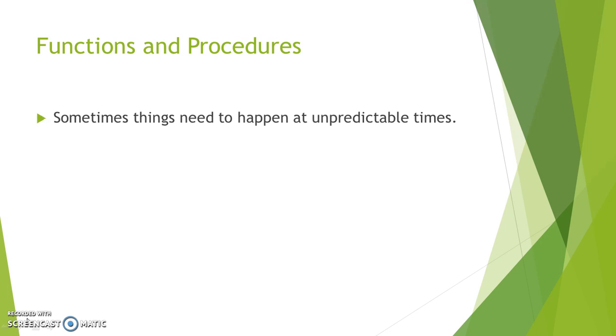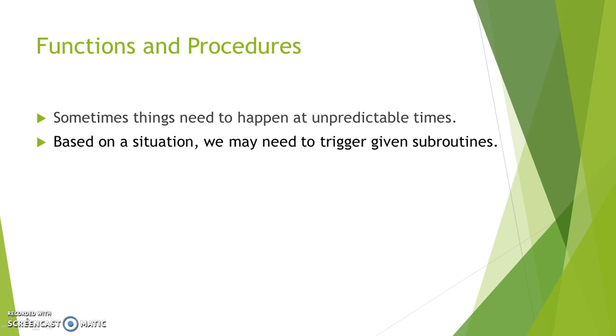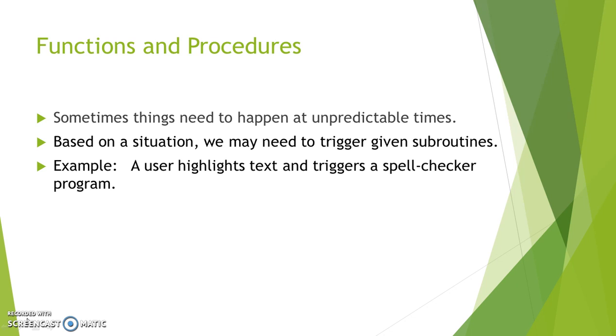Essentially, we need to accept that users are unpredictable, and sometimes things need to happen at unpredictable times. And based on a given situation, we may have to trigger given subroutines at somewhat random spots. For example, during word processing, a user might decide to highlight their text and trigger a spell checker program, for example.